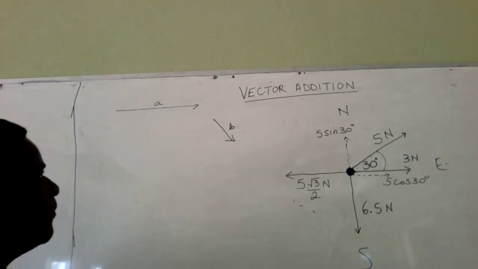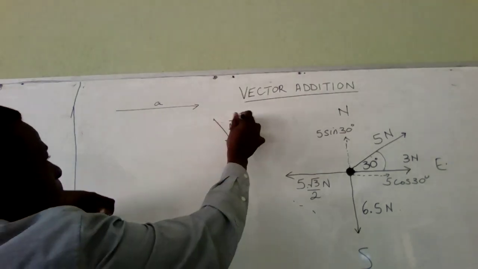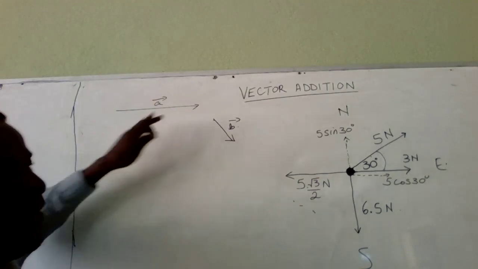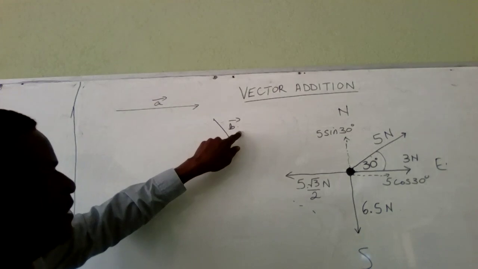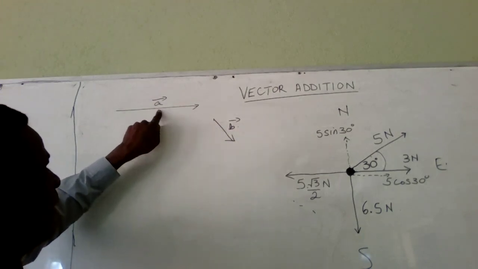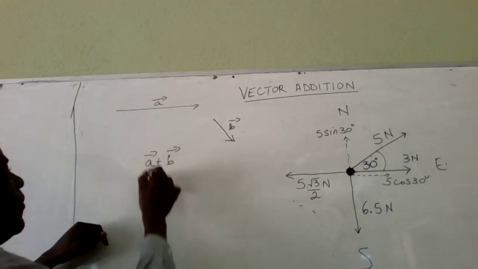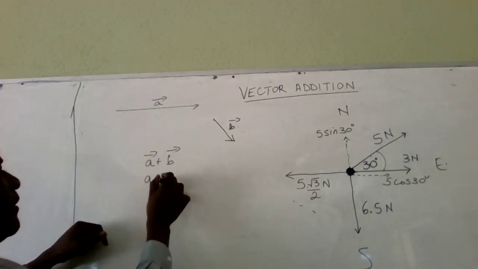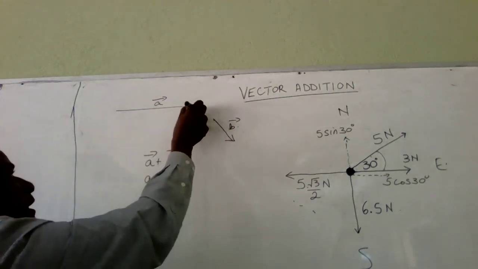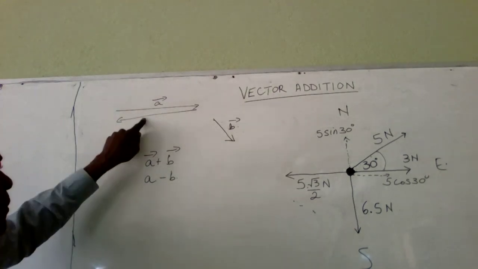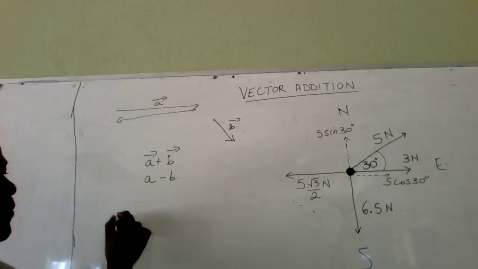So you have to add them. But the question was to add vector B to the reverse of vector A. So instead of doing A plus B, you have to do A minus B. The reverse of the vector is the negative vector, the vector that just cancels that one. So you add this one and that one. That was the question. So all you had to do was tip to tail.